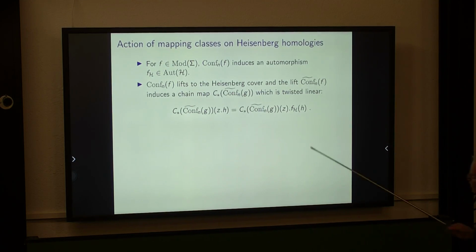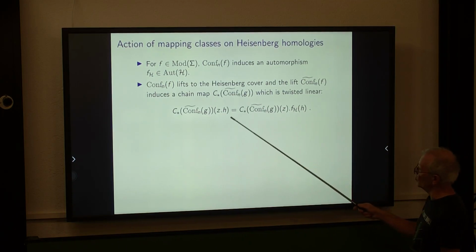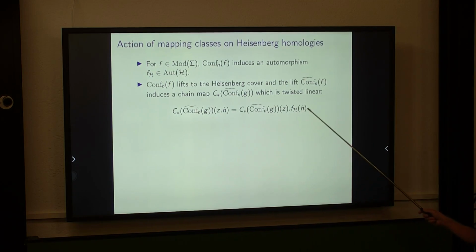Of course, this chain map will give you a homology map at the level of the Heisenberg cover, but at the level of the local system you should be careful, because this map will be C-linear, but over H it will be twisted linear by f_H. You should think about it that you have this deck action, and so as a module over Heisenberg, this will be twisted linear.